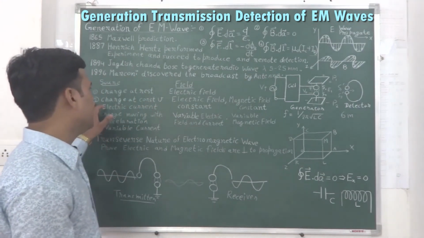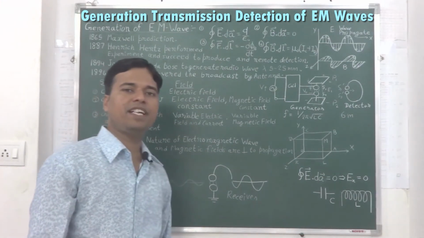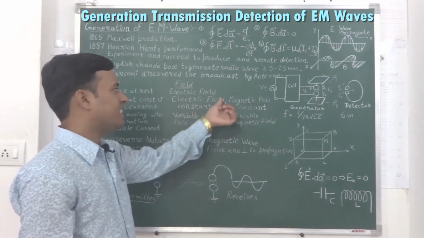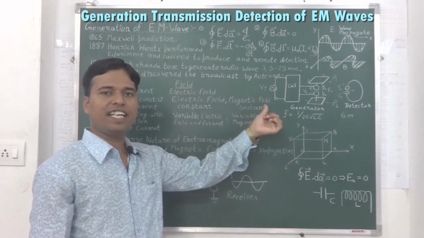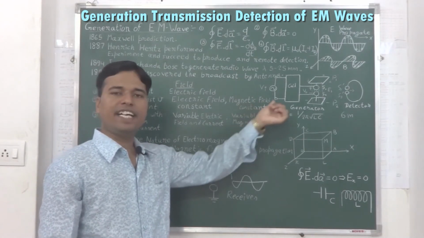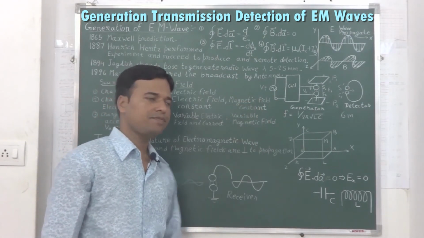A charge at constant speed generating a constant electric current will result in a constant magnetic field also.